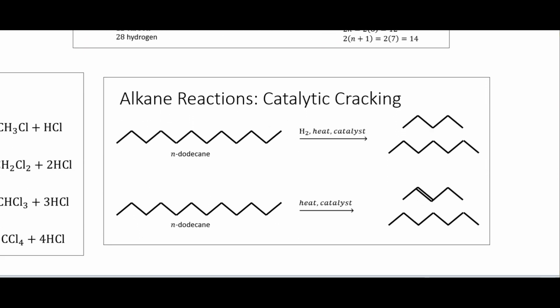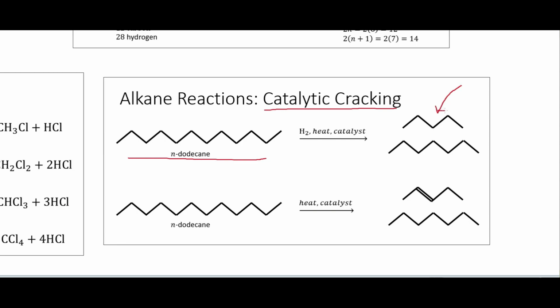Then we have these alkane reactions called catalytic cracking. This is actually used in refining crude oil into petrol or gasoline. Crude oil will often have these much larger hydrocarbon chains, and so you want to break it down into the pentanes, hexanes, heptanes, and octanes of fuel.